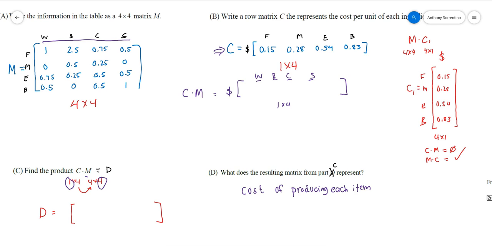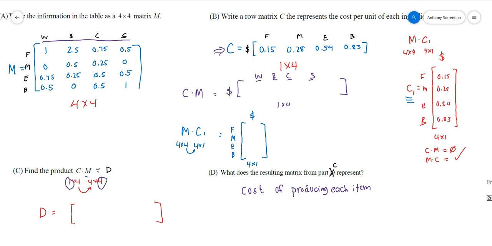If I had tried to do it the other way using a column matrix and did M times C1, again, I have a 4 by 4 matrix and a 4 by 1. The inner dimensions work so I could get an answer. My final answer would also be a 4 by 1 matrix. But what would I have? Again, I would have the row headings of the first matrix, the F, M, E, and B. I'd have the column heading of the second matrix.